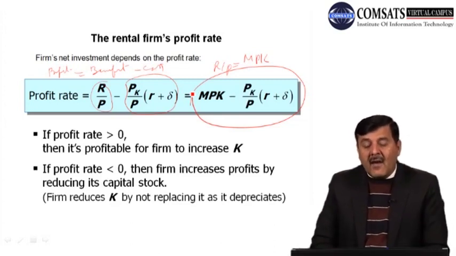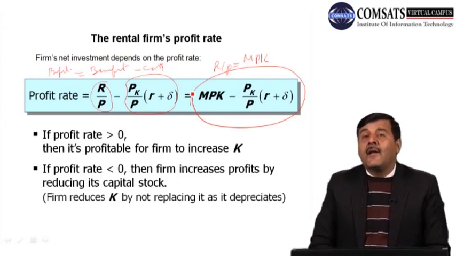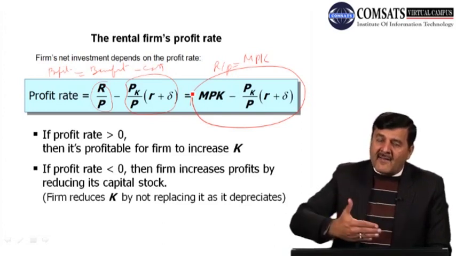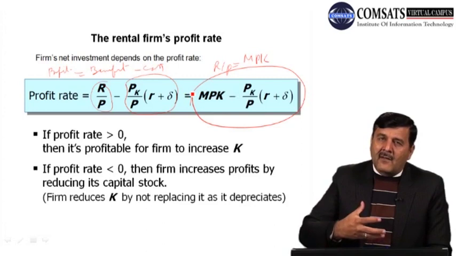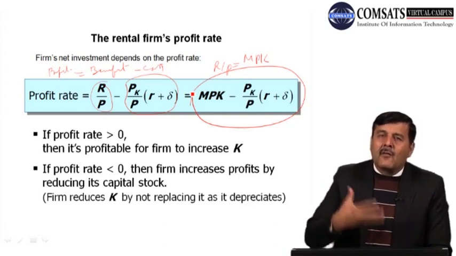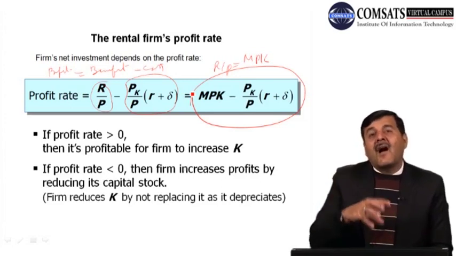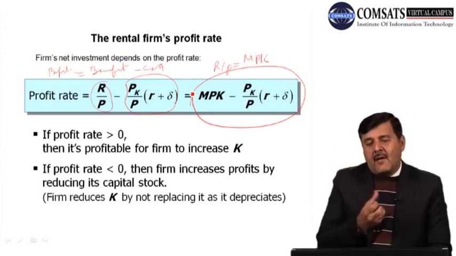So the firm reduces K by not replacing it as it depreciates. तो उस capital में कमी वाक़ई हो जाएगी, and they will not replace the depreciating capital with new capital because the profit rate is negative, right?